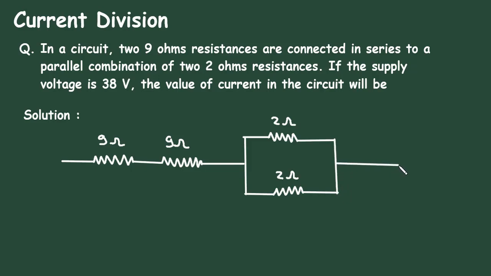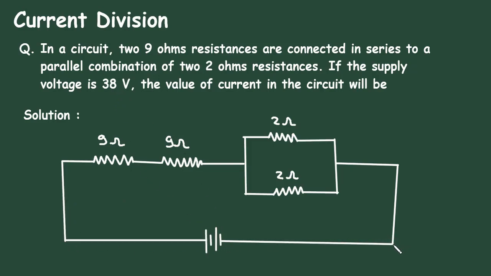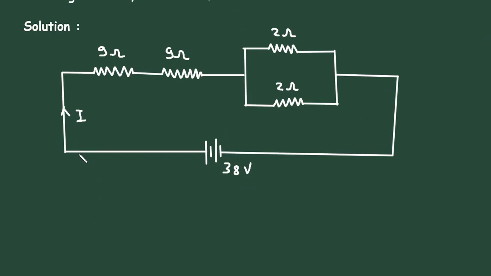Here in this circuit, we have to find this I1 and this I2. The value of this voltage source Vs is given. Here we can see this R1 and R2 are connected in parallel. So the voltage across them will be the same. So therefore, Vs is equal to V1 is equal to V2.